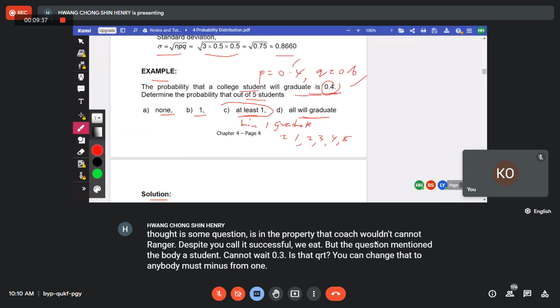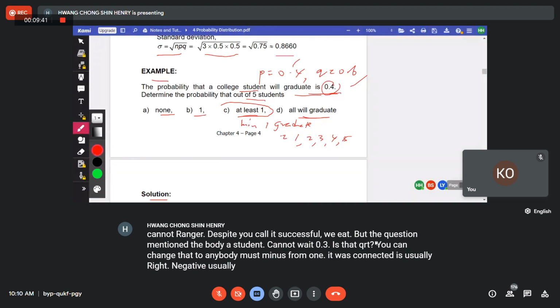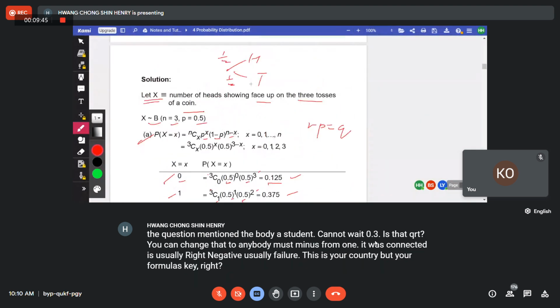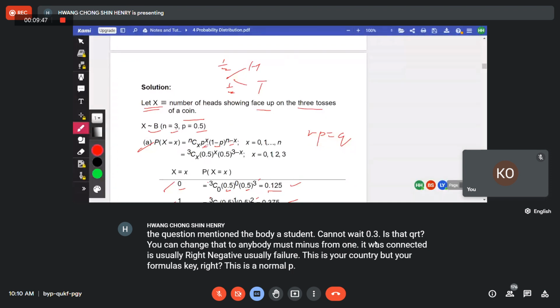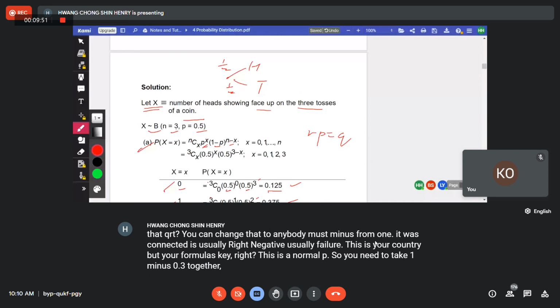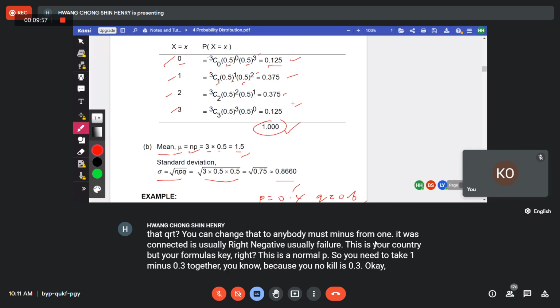Because cannot graduate is usually failure, right? Negative is usually failure. This is 0.3, but your formula is P, right? So you have to take 1 minus 0.3 to get the P, because you know Q is 0.3 now. Okay, we try some questions then you know better.